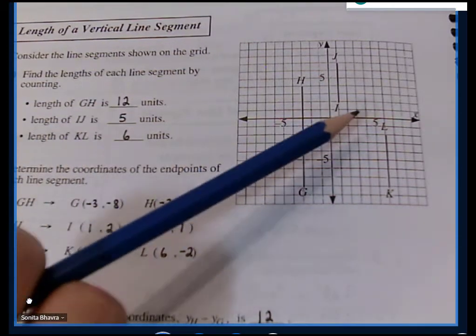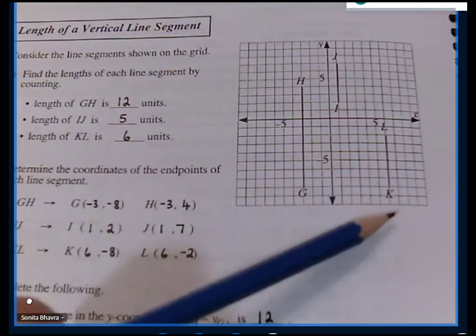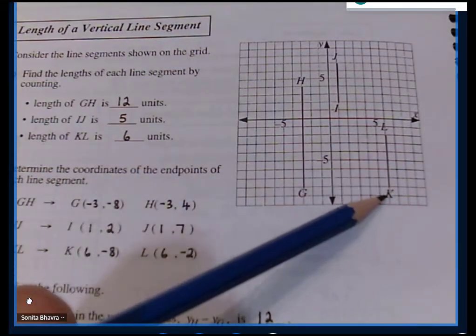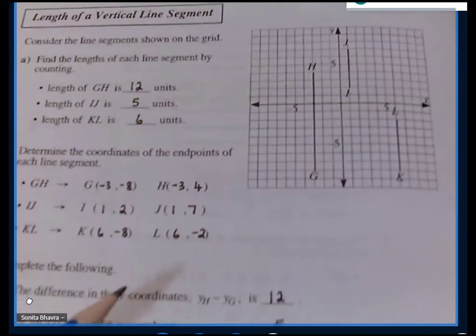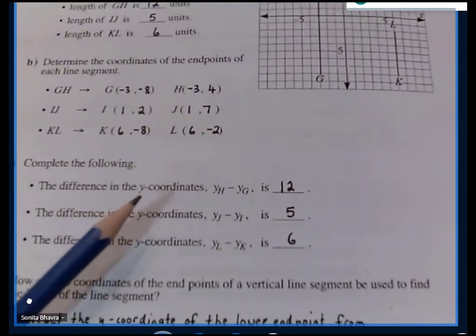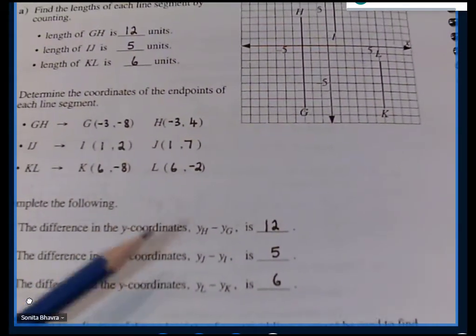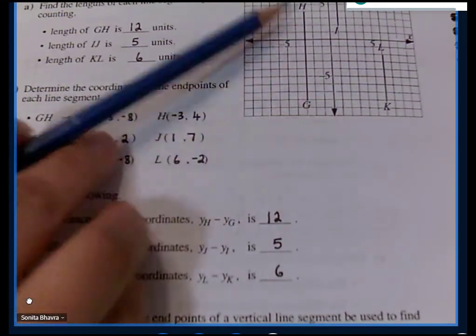The length of I to J, again, you can just count 1, 2, 3, 4, 5 units. LK has 6 units. But if you are given endpoints of the line segments, you can look at the difference in your y coordinates. So let's just look at GH.